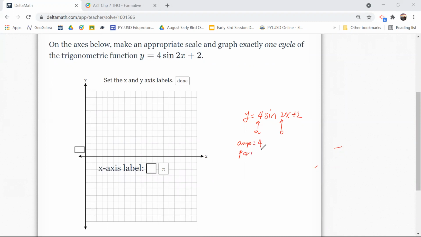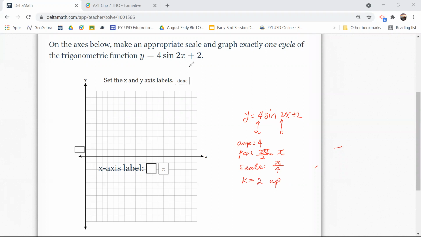Period equals 2 pi over b. So that's just going to be pi. Scale is the period divided by 4. And we have a k now because we're going up by 2. 2 up.